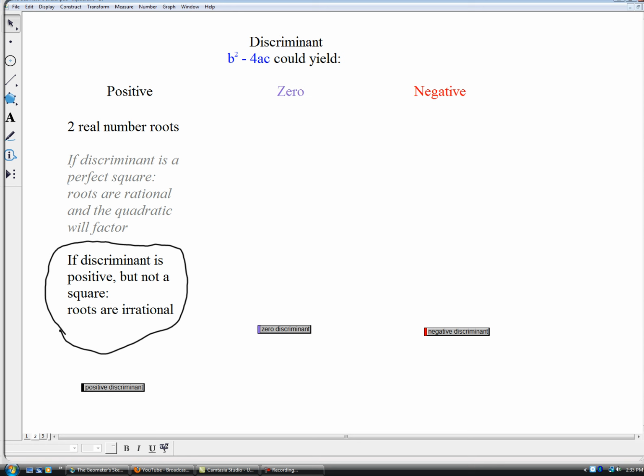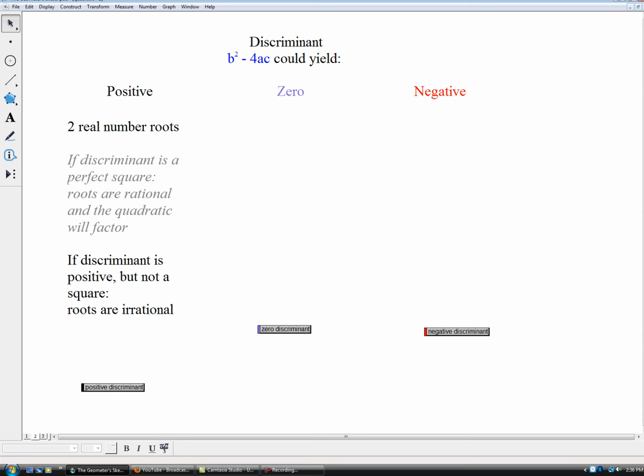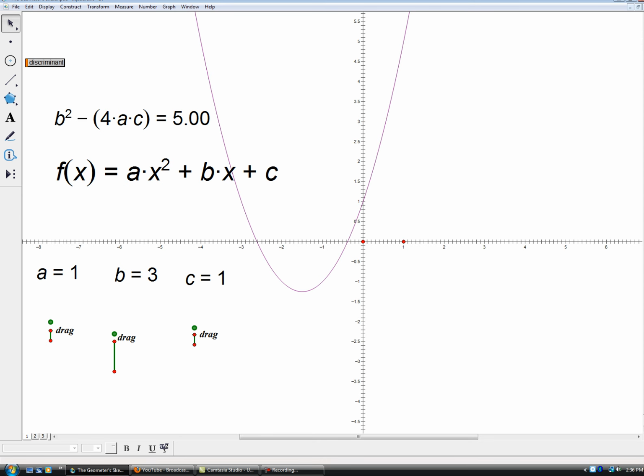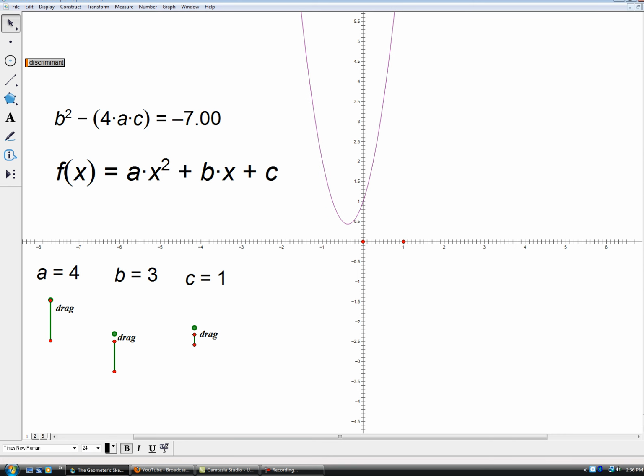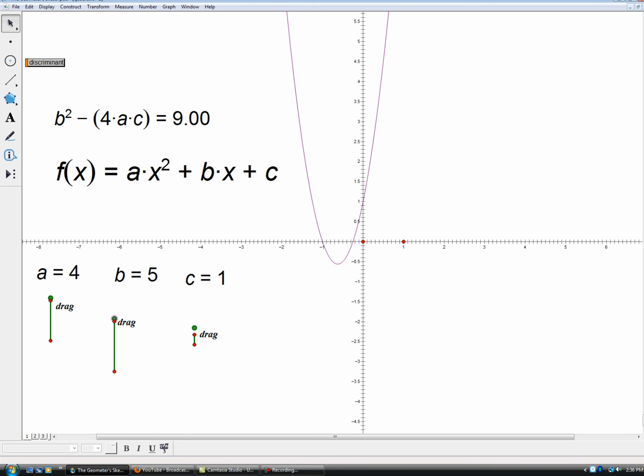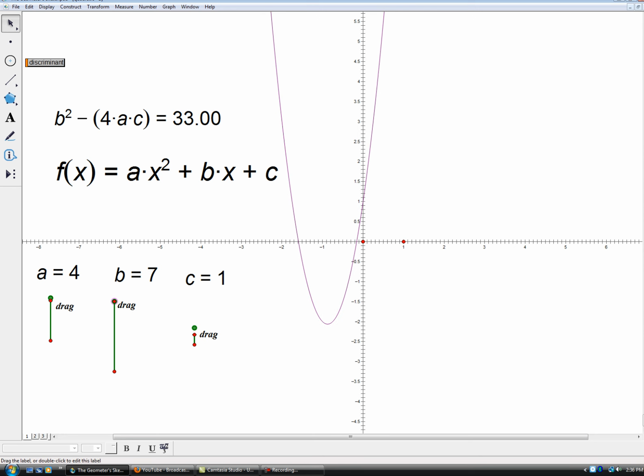Let's look at this other case here and let's achieve a square number quadratic. I had one picked out in mind. Let's make a equal 4, and let's have b equal 7, and let's have c equal negative 2.